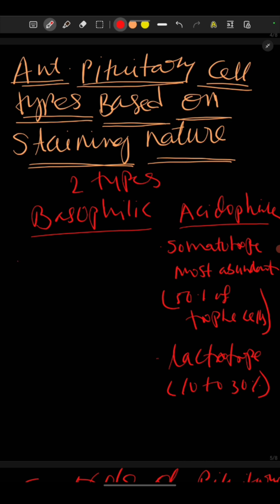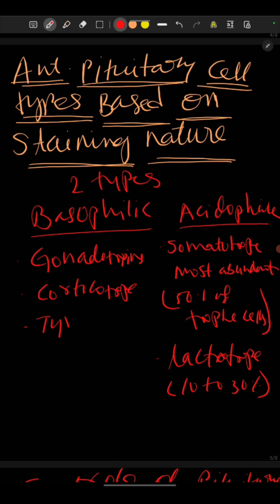Basophilic cells are gonadotroph, corticotroph and thyrotroph.